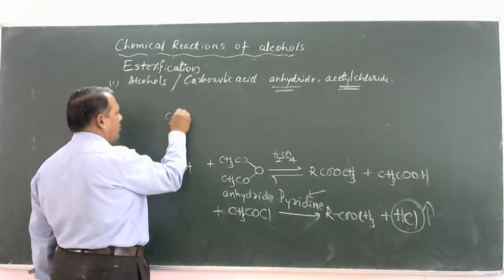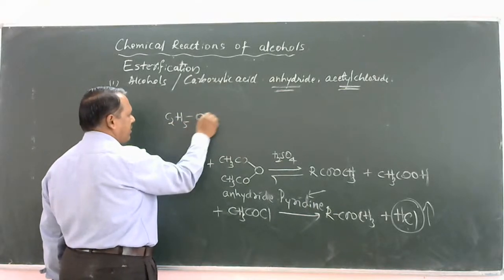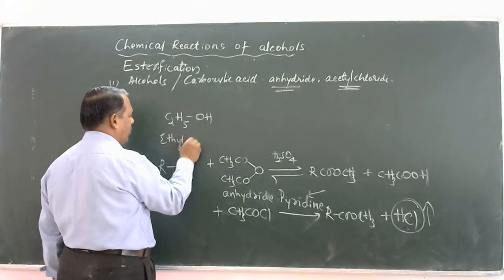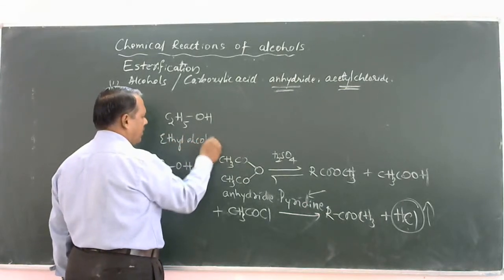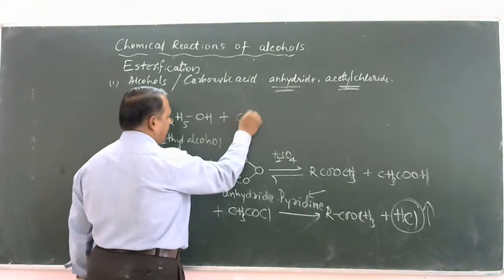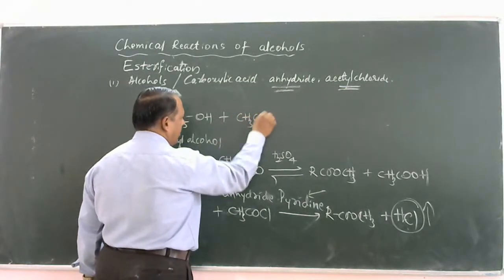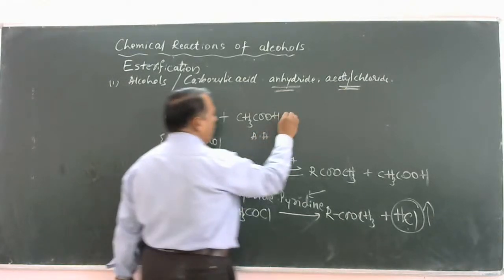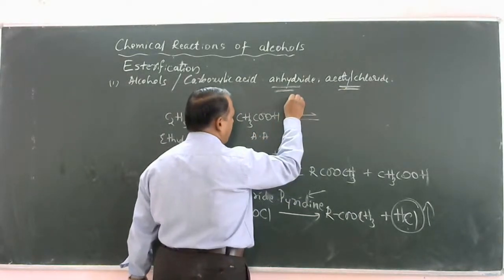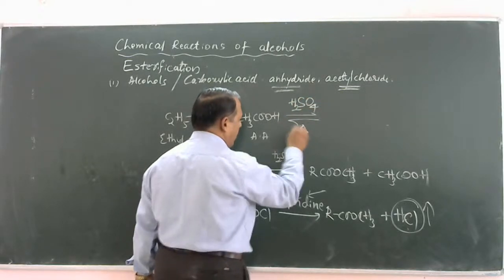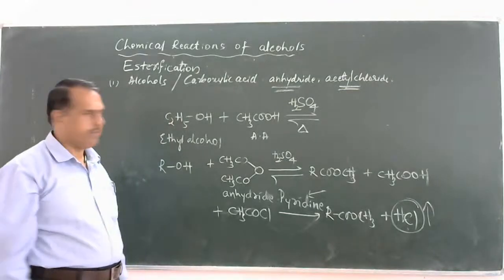C2H5OH, which is nothing but ethyl alcohol. When ethyl alcohol reacts with acetic acid, CH3COOH, in the presence of concentrated H2SO4, we just have to heat.